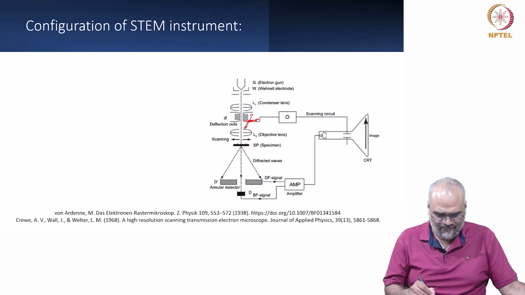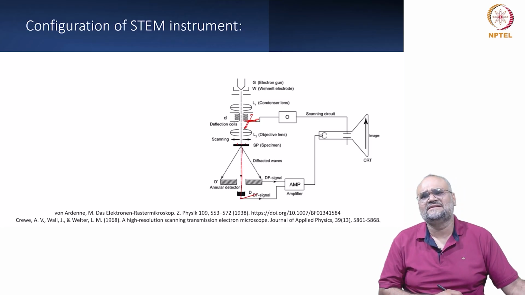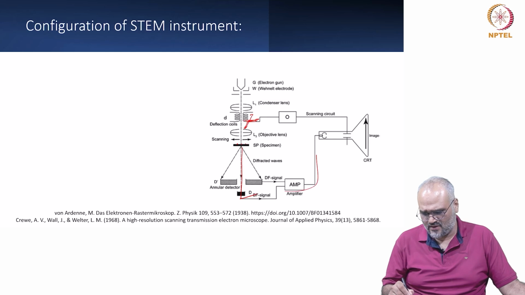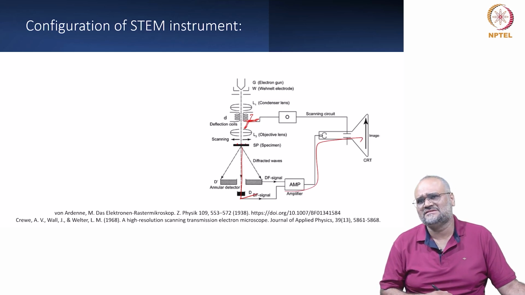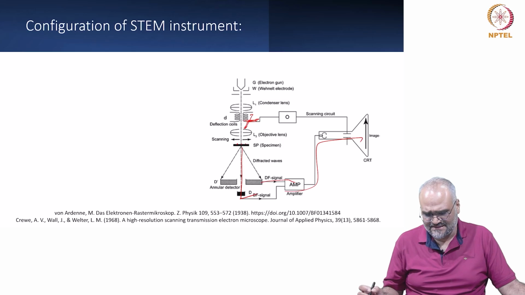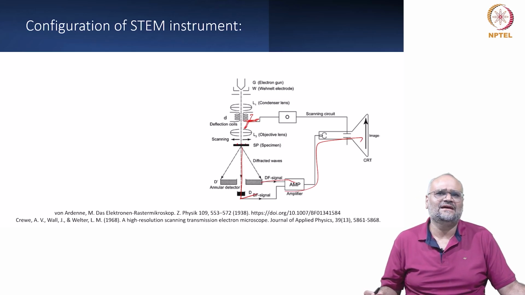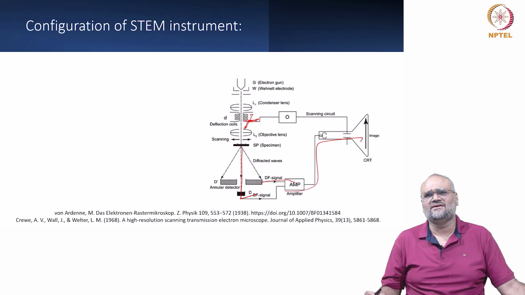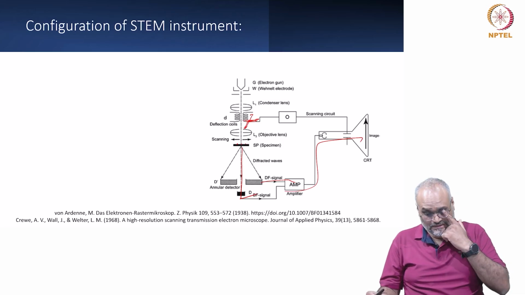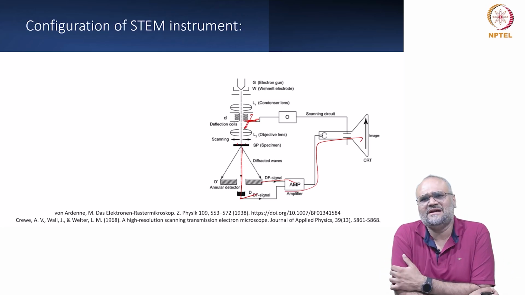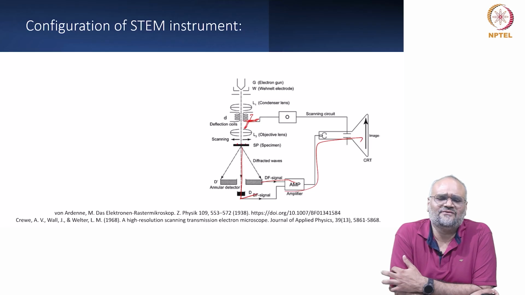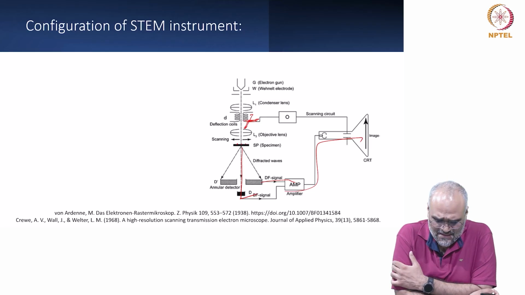You have either the bright field signal, which can be recorded. In the old school days it was displayed on a CRT monitor, or you get the dark field signal. With newer CMOS and faster detectors, direct electron detectors, you can record at very high frame rates and collect the entire forward scattered signal as well.